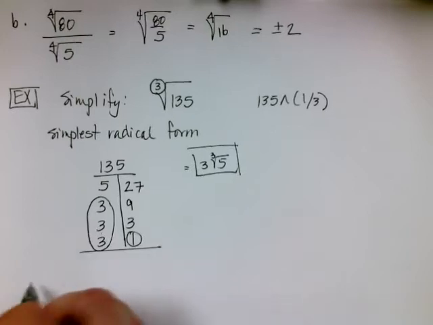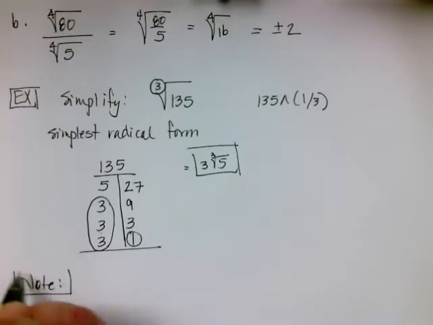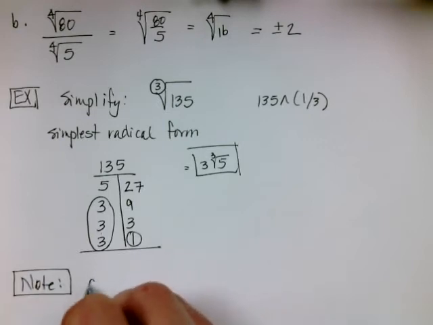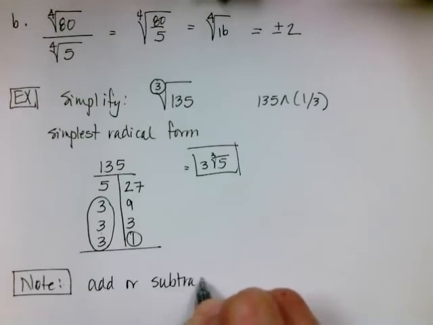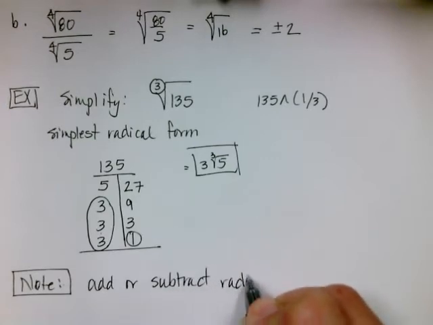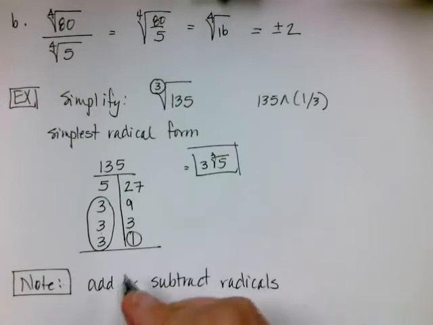All right, just a reminder, because in theory you did learn this in Algebra 1. If I want to add or subtract radicals, two things have to happen.